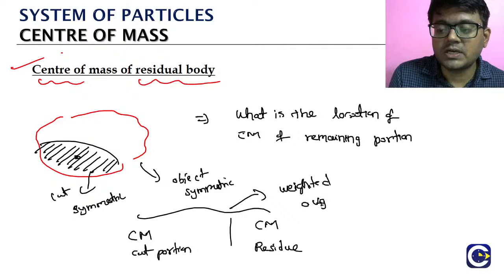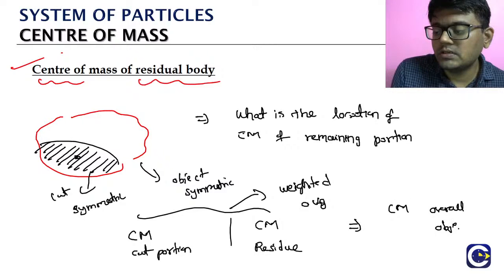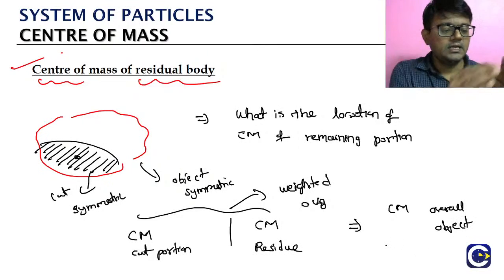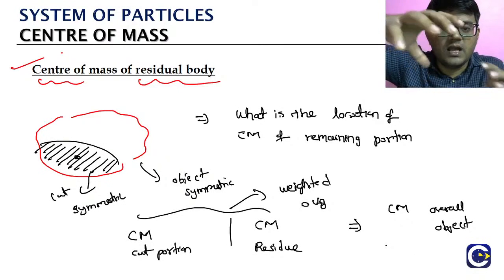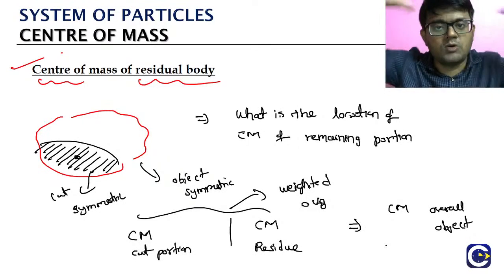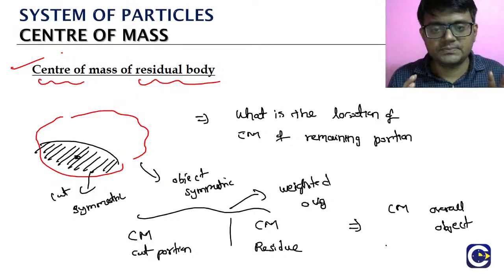That is going to give us the center of mass of the overall object. Understand correctly: there is a cut portion plus the residue, and if you take the center of mass locations of the two, what is it going to be? The center of mass of the overall object. So using that concept, we are going to solve this.